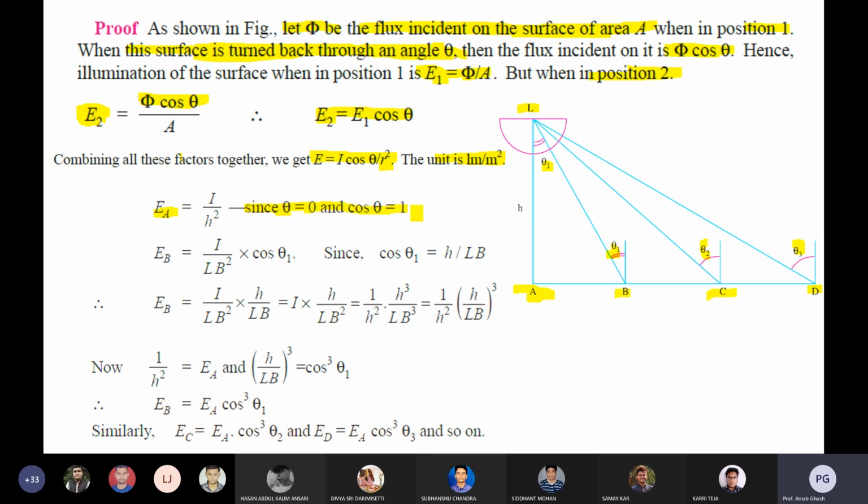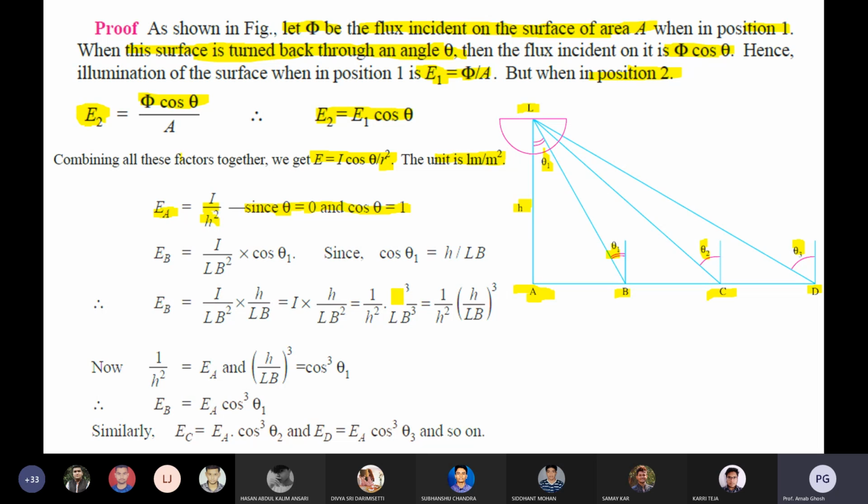Theta is almost perpendicular here, so theta 1 goes to 0 and cos 0 equals 1. So you consider height H instead of R, giving I by H squared.